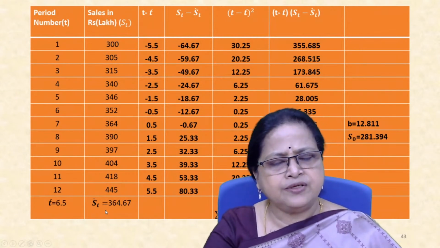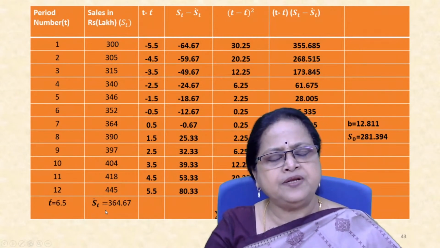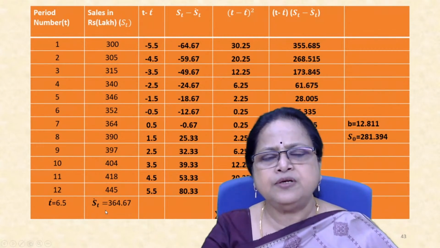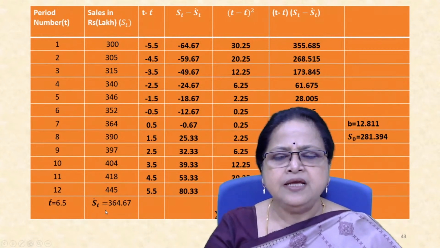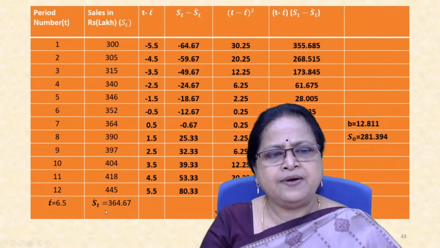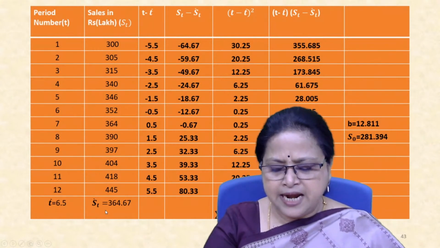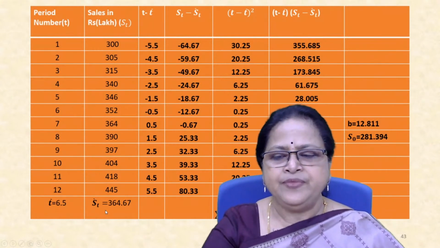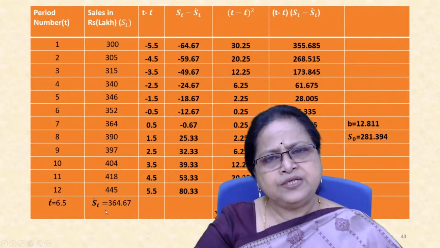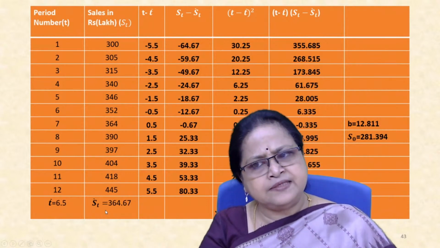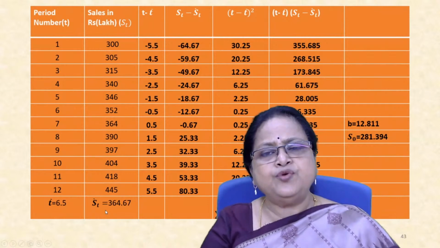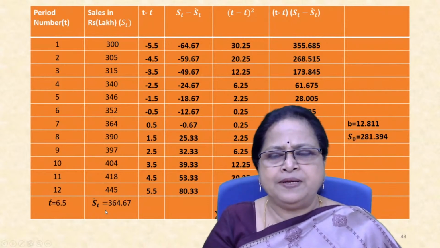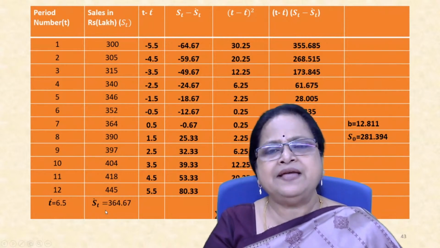In the book, the numbering of periods 1 to 12 is not there in the table, but it is written there. For our convenience, I have done this, and you can go through this table. Here, we are using the same regression analysis, but instead of X, you are taking a time period.